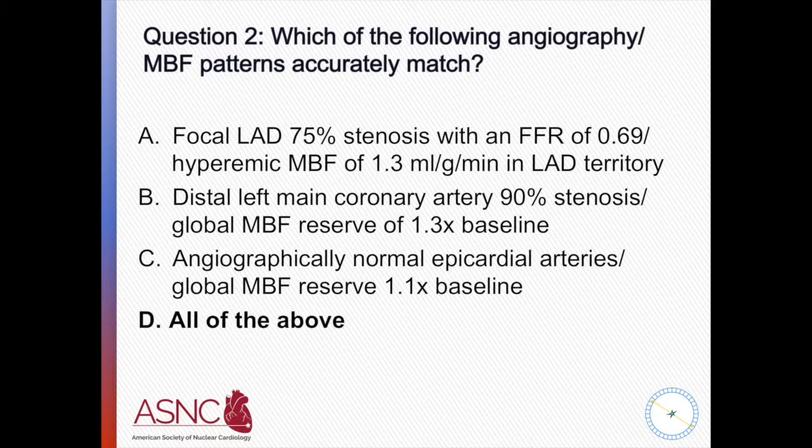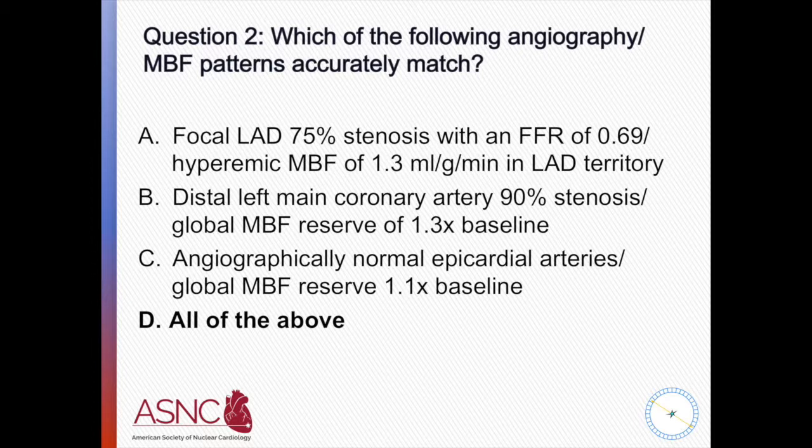So I thought that all of these combinations match accurately, and scenario A resembles to some extent the case that we just presented, where you have a hemodynamically significant stenosis in one territory where hyperemic flow fails to make the 1.5 ml per gram per minute threshold, indicating the hemodynamic significance of that lesion as is seen with an abnormal FFR.